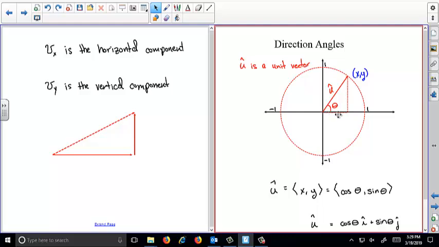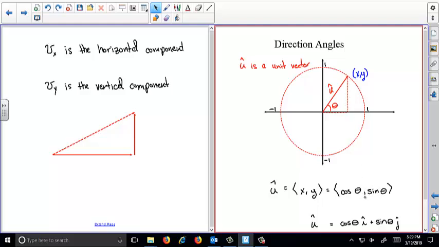Now, the x component is going to be equal to the x component of this unit vector. Because the magnitude is 1, the x length is going to be the hypotenuse, 1, times the cosine of the angle theta, and the y component of the unit vector is going to be the hypotenuse 1 times the sine of the angle theta.